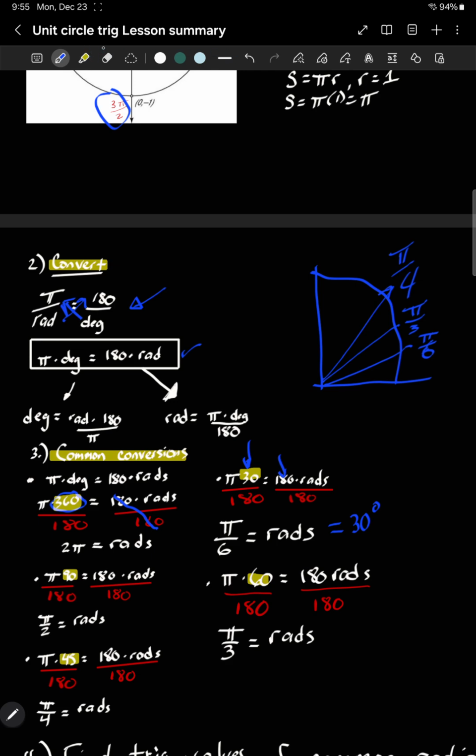Oops, sorry, made a mistake. Pi over 3 is not here. Okay, so we have pi over 6 here, and then pi over 3 would be somewhere up here. Okay, so then we have our 30, 60, and 45 degrees angles with the conversions.